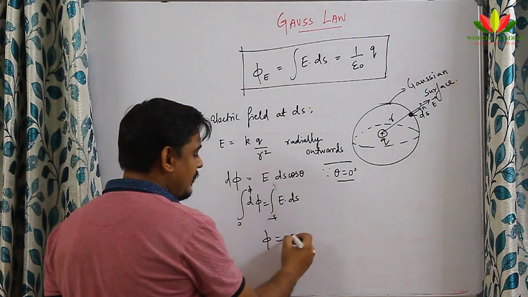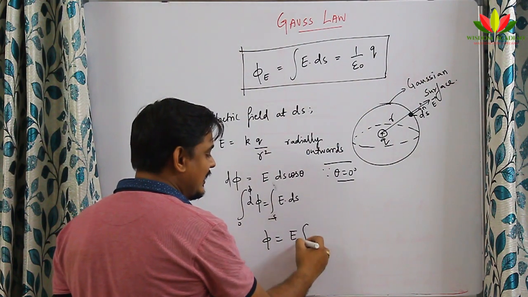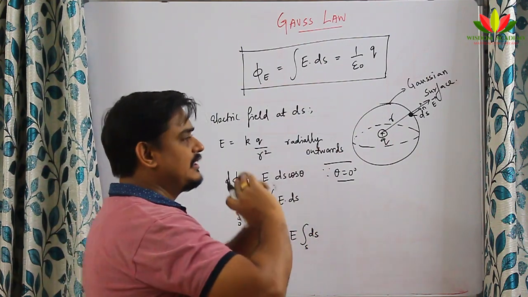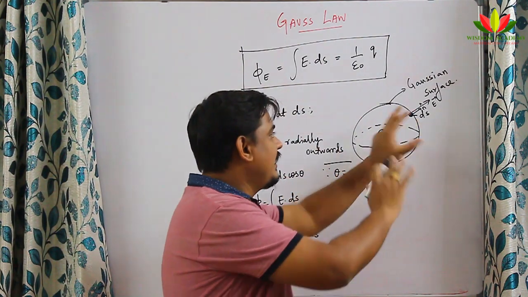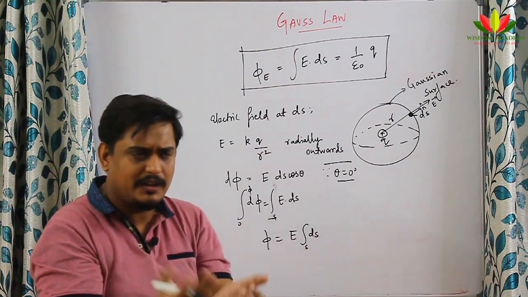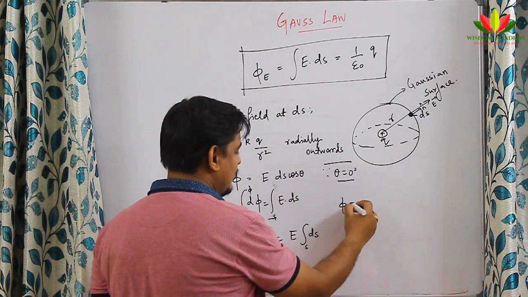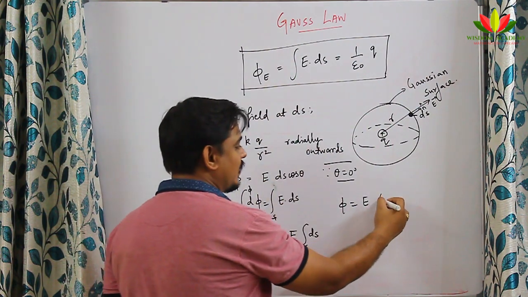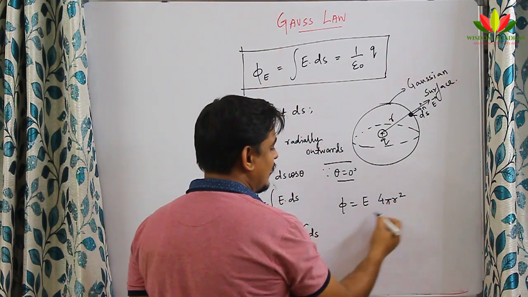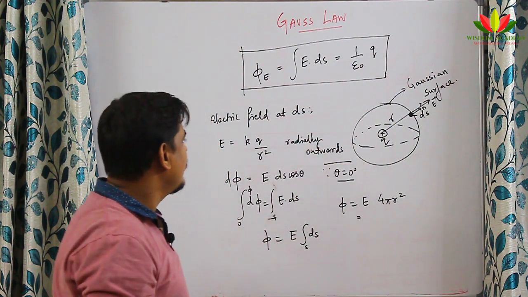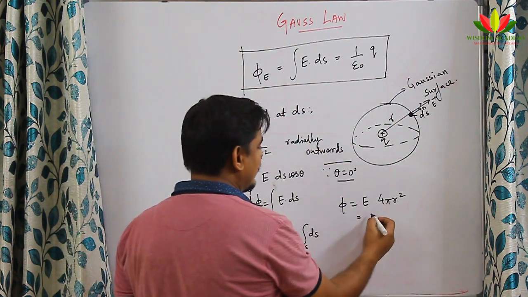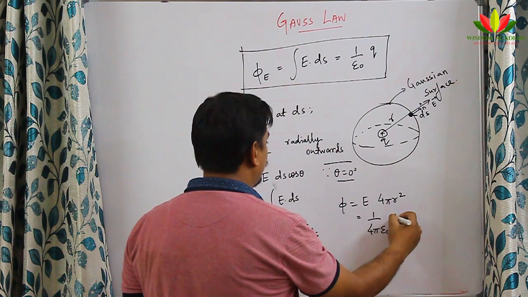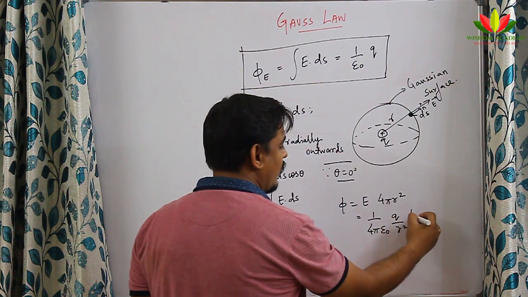So, phi will become equal to E into the surface integration of ds. What is the surface integration of ds? If we take the total surface, it becomes a sphere, and the surface area of a sphere is 4 pi r square. I will put the value of E. E is kq by r square, and k is actually 1 by 4 pi epsilon naught, so q by r square into 4 pi r square.